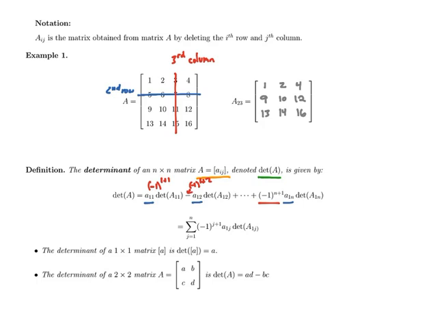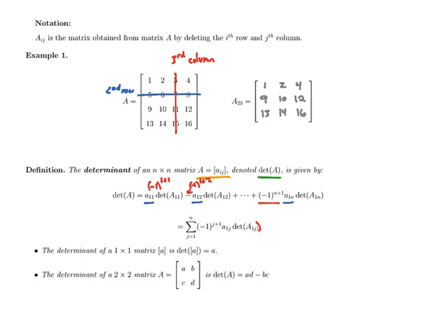And what's going to end up happening is we're going to alternate positive, negative along this determinant calculation. Another way to look at this is that this is a sum from j equals 1 to n of this -1 to the j plus 1, A sub 1j, times the determinant of that minor matrix. And again, this is going down the first row of A.